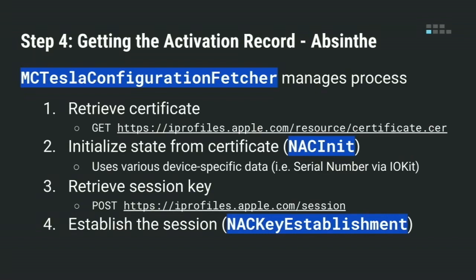We're not exactly sure what this does, but it appears that an extra handshake is necessary to ensure the device is who it says it is. And finally, with the result of that, it calls NAC key establishment, which completes the initialization for the encryption. Now, what we believe is that Absinthe's job is to provide a way to encode on a per-device basis, and so to relatively securely identify a device for Apple.